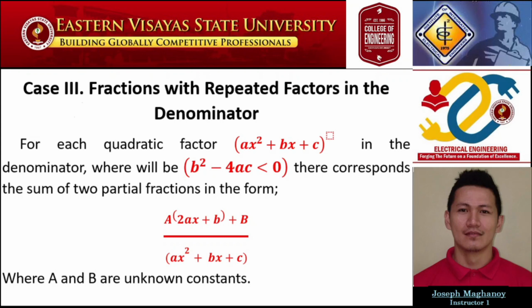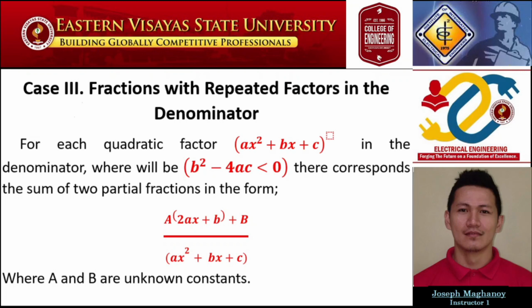For each quadratic factor, the quantity ax squared plus bx plus c in the denominator, where the quantity b squared minus 4ac is less than 0, there corresponds the sum of two partial fractions in the form of the quantity Ax plus B all over the quantity ax squared plus bx plus c, where A and B are unknown constants.